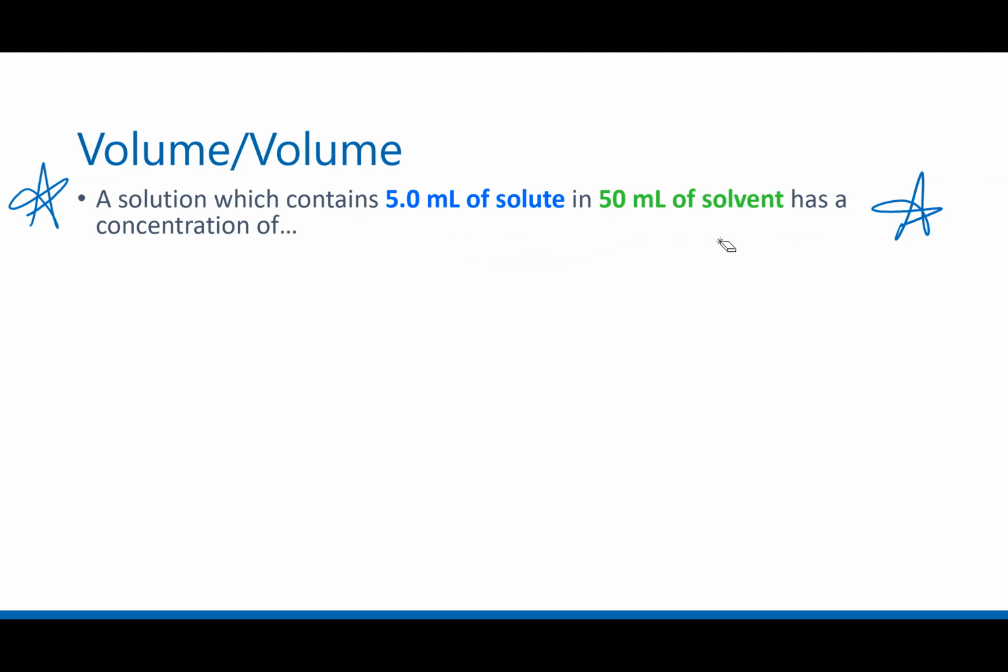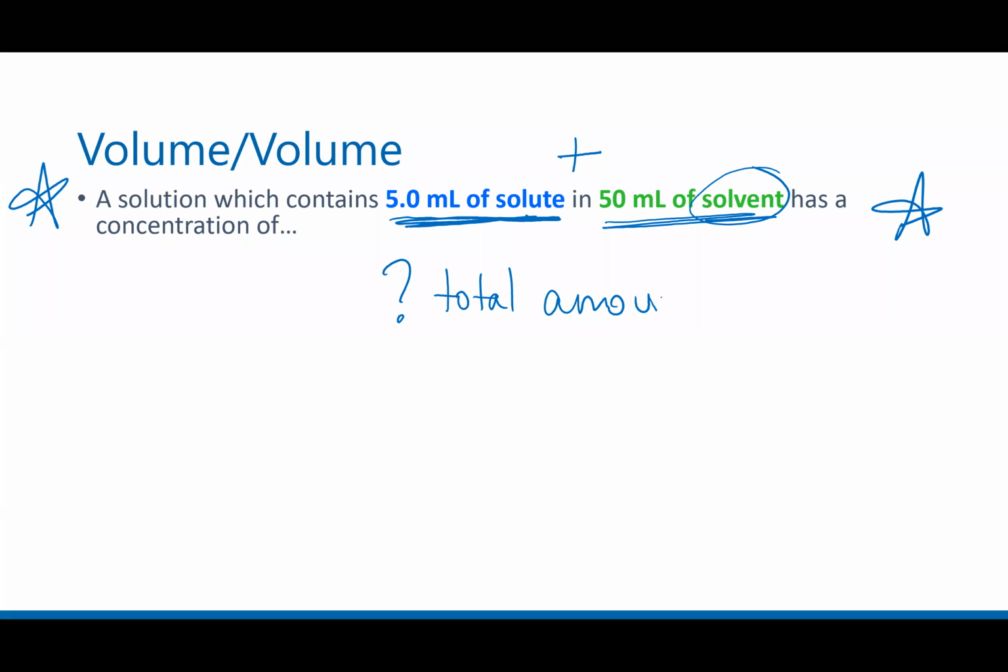So let me explain. We have 5 milliliters of solute, and I'm going to add that to 50 milliliters of solvent. So the question you need to ask yourself is, what is the total amount? What is the solution? It's pretty easy.